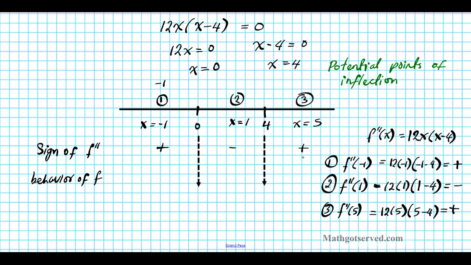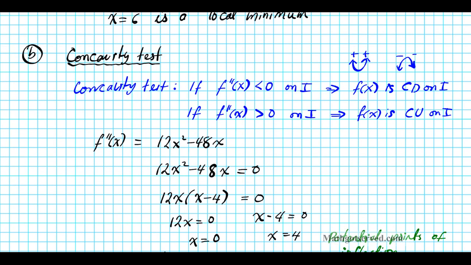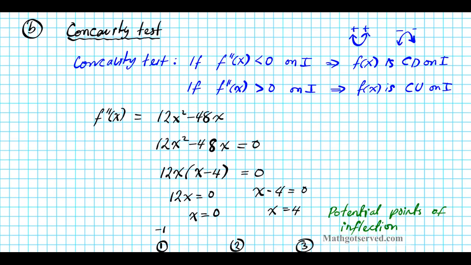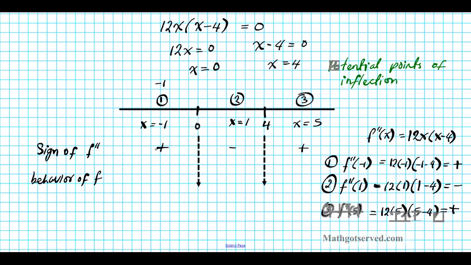Now what does that tell us about the behavior of f? We're using the concavity tests right now. If f double prime is positive, f is concave up; negative, concave down; positive, concave up. So let's write down our answer.